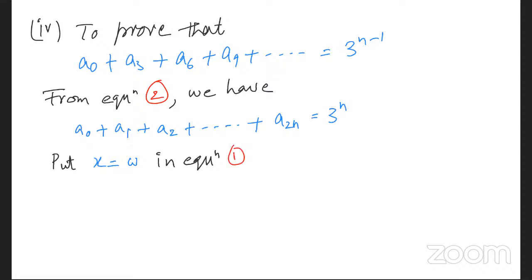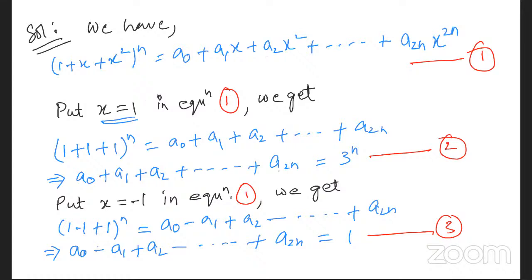In equation 1, what do we get? In equation 1, you have to put x equal to omega. If you look at the equation 1, it is 1 plus x square whole to the power of n is a0 plus a1x plus a2x square plus so on a2n x to the power of 2n, which is given in the question.